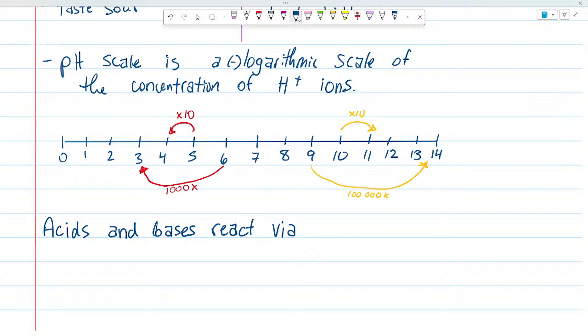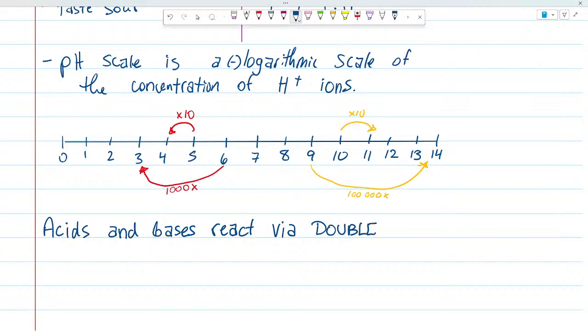There's really only one mechanism that we've learned about that. Single displacement, double, right? Because single displacement is an aqueous compound with some sort of solid metal, but double displacement is two aqueous compounds. So acids and bases react via double displacement.